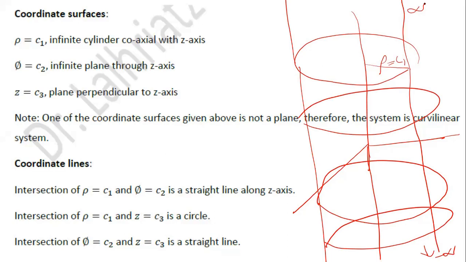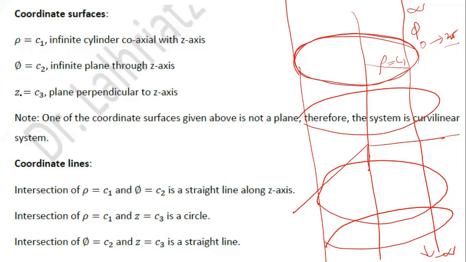If you consider z to be variable from minus infinity to plus infinity, and your phi value to be varying from 0 to 2 pi, by fixing rho equal to c1, you are tracing out a circle.